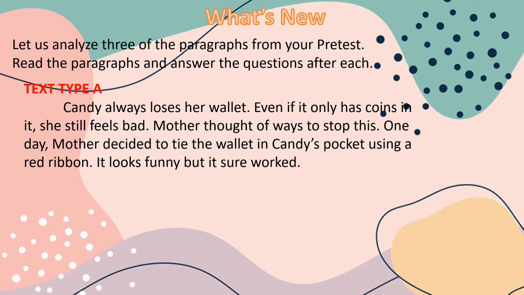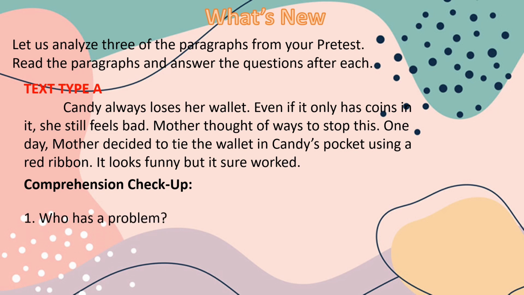Even if it only has coins in it, she still feels bad. Mother thought of ways to stop this. One day, Mother decided to tie the wallet in Candy's pocket using a red ribbon. It looks funny, but it sure worked.